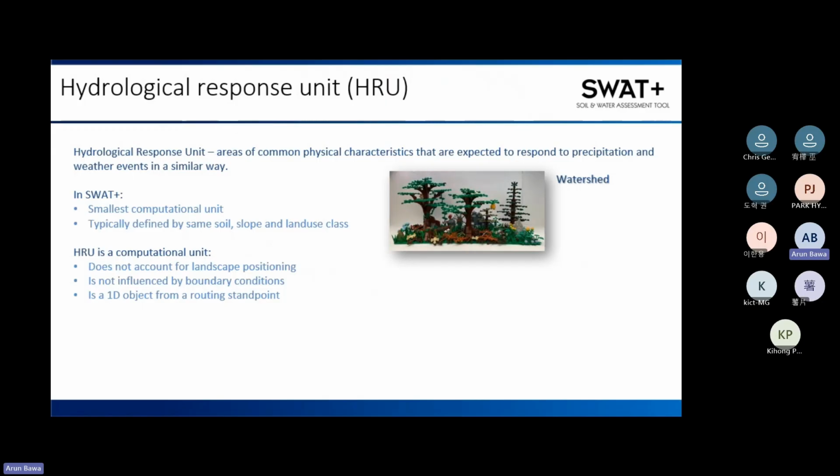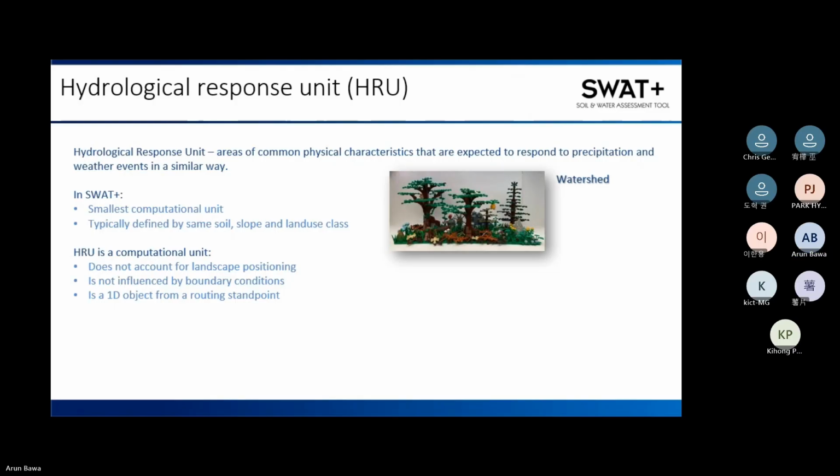If I change even one of these three properties, let's say the adjacent field has corn, the same loamy soil, but the slope is different, 2 to 8, then these are two different HRUs. A unique combination of these three properties, we call an HRU.